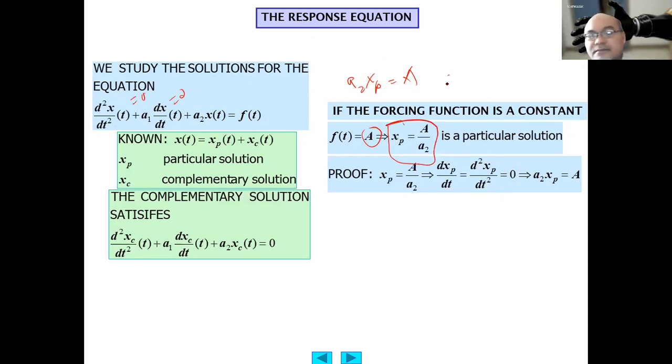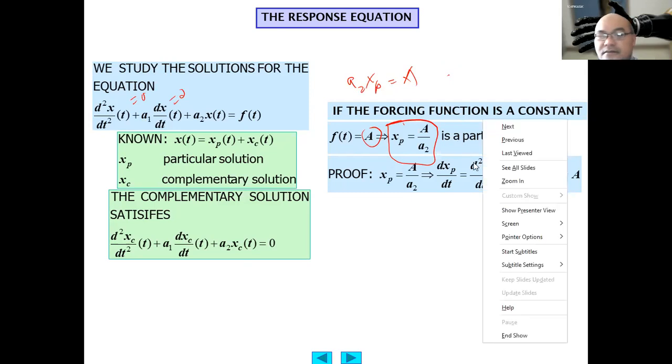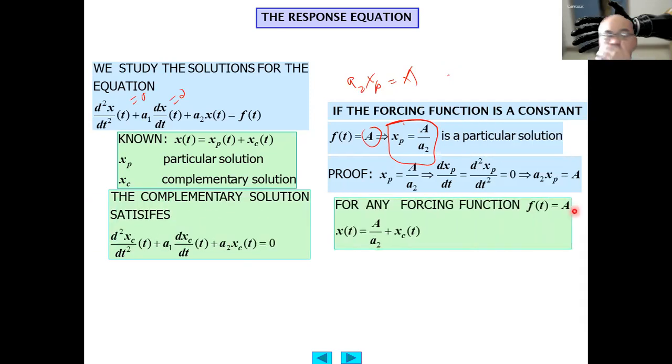Okay, this is the special condition when the forcing function is equal to a constant a. For any forcing function f(t) equal to a constant, the general solution x(t) will be equal to the particular solution plus the complementary solution. Complementary here means the homogeneous solution.